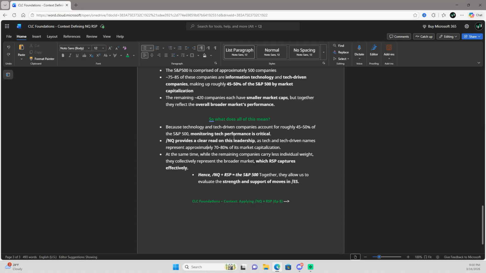And the other half can just be classified as the overall broader market, companies with smaller market caps, which RSP allows us to gain insight into. So both of those together allow us to understand and evaluate the strength and support of moves in ES.